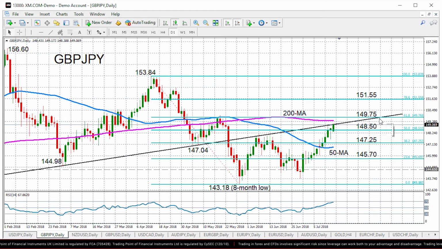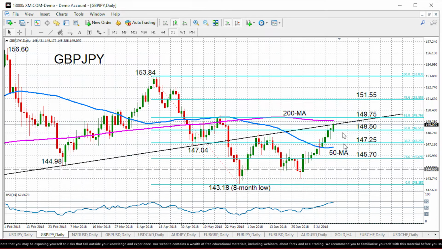A break above the 61.8% Fibonacci would help further strengthen the upside momentum and possibly signal the start of a new bullish phase, and it would also open the way to the April top of 153.84. If you look at RSI, it hasn't quite broken into overbought territory, so there is clearly room for further gains in the near term.